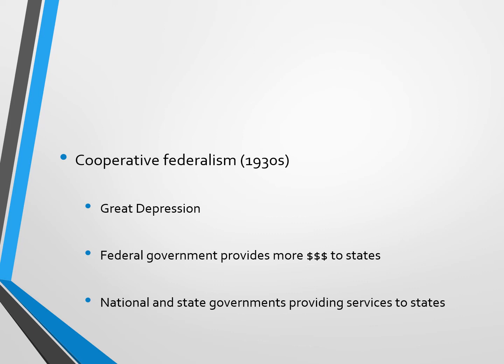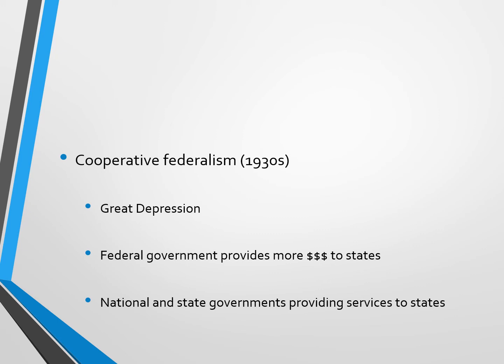During this time the federal government started to provide money to the states. A lot of the social programs started in 1935 through the Social Security Act. All of a sudden both the national and the state governments were providing services, because it was such a black time in the history of our country that a lot of things needed to be done.